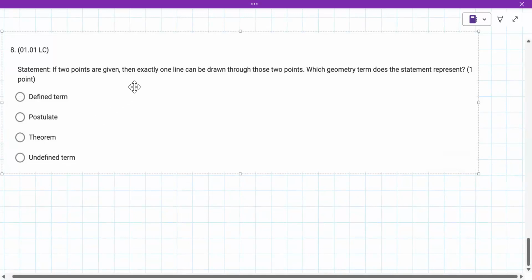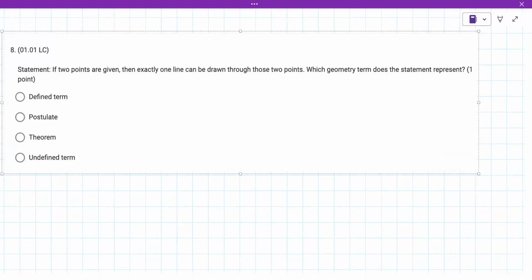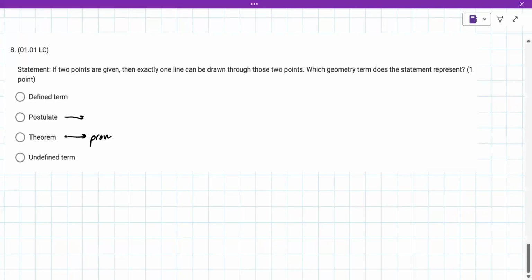So, what's a postulate? Truthfully, I don't think in terms of these ideas anymore. But the first one is a definition. A theorem is something that you prove. A postulate is accepted without proof.